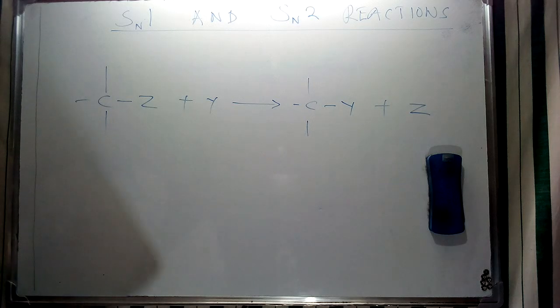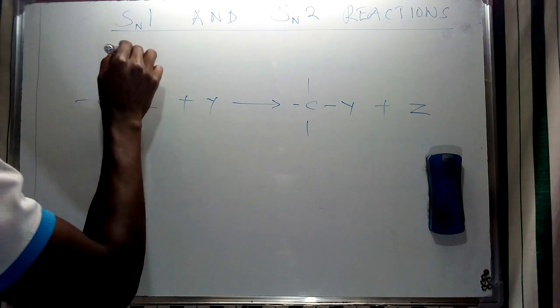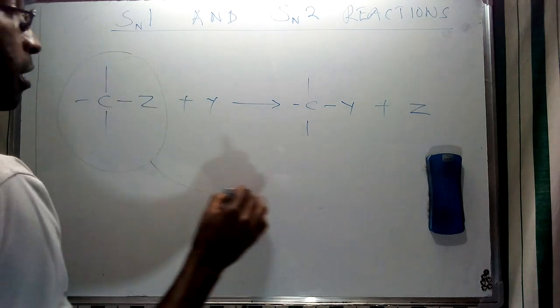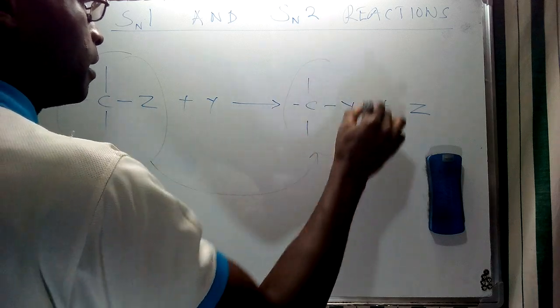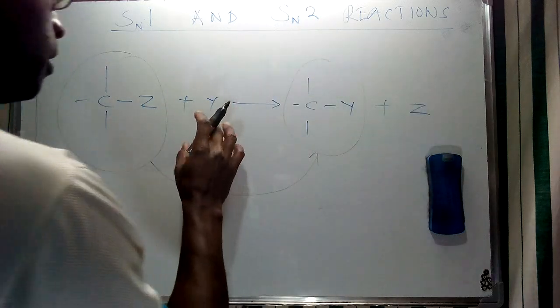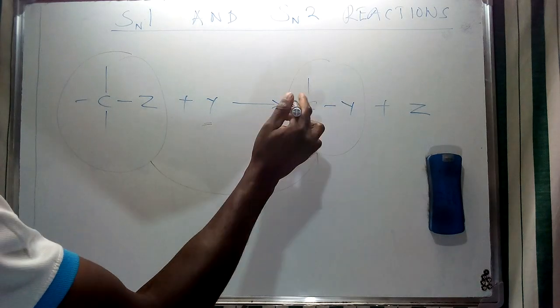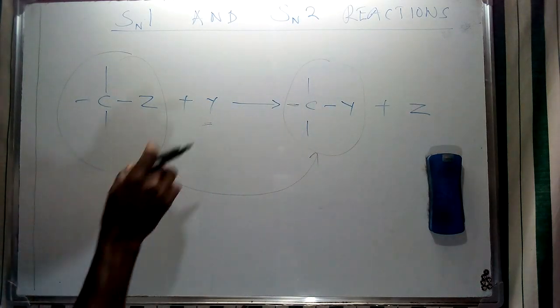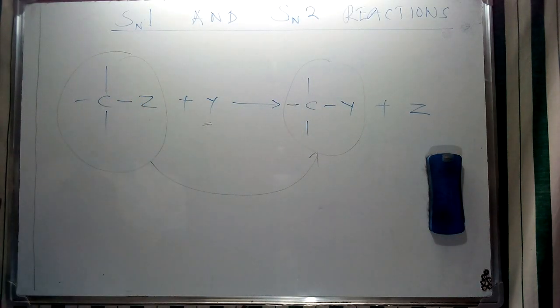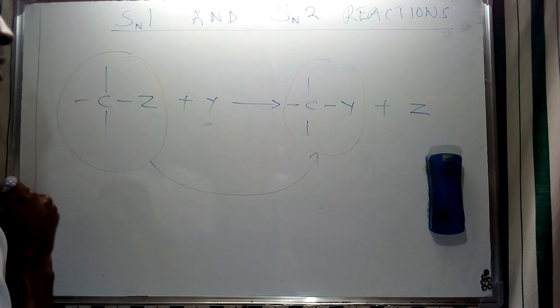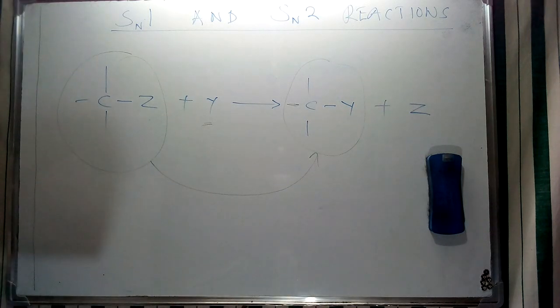So this part is transformed to form this one, with the joining of Y to the compound and the elimination of Z, and that entails the concept of substitution.